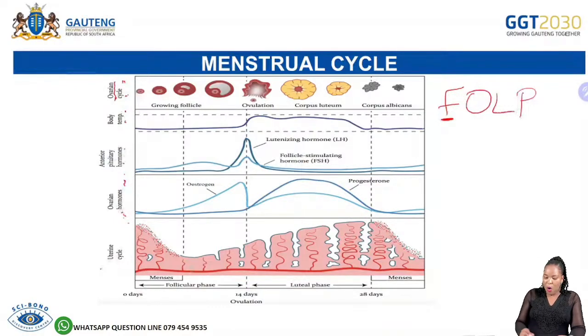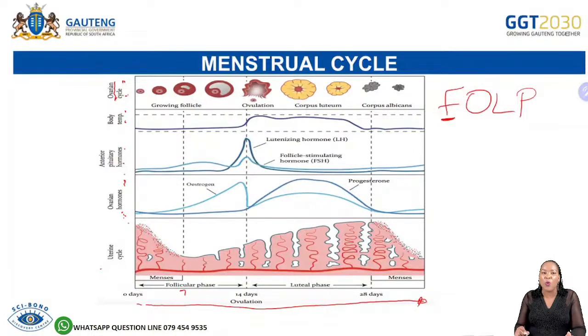You now see what each line represents on this graph. This is a menstrual cycle over a period of 28 days. Now we want to see what is happening from day 0 to about day 6 or 7; this is just an estimate. Let us start with the pituitary, because we start with follicle stimulating hormone, the F. We want to trace our first hormone, follicle stimulating hormone, which is secreted by the pituitary.